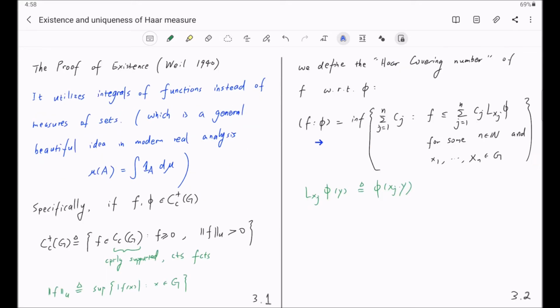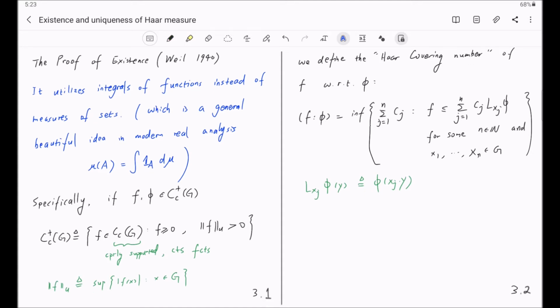So I guess it is not so hard for you to understand why this is really based on Haar's original idea. And that is also why we introduced Haar's original idea at the beginning, because it really helped motivate Weil's idea.